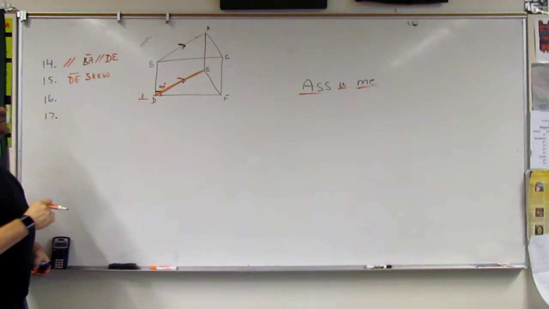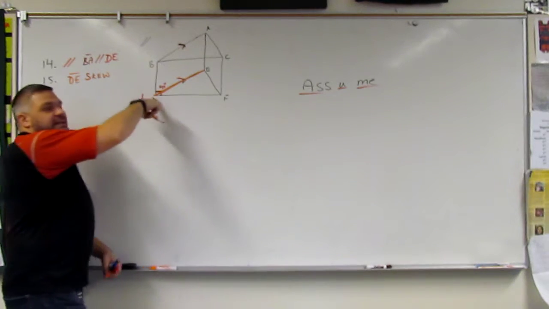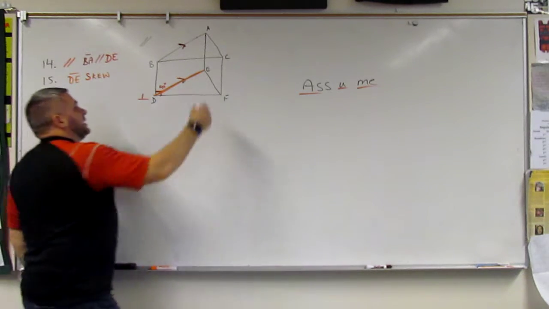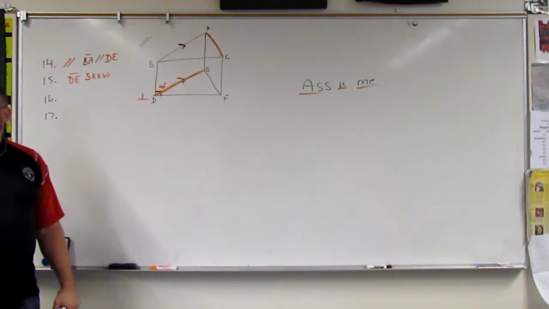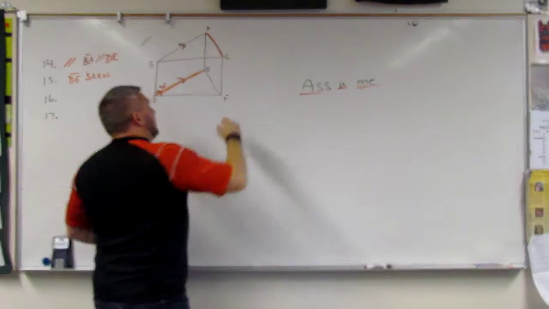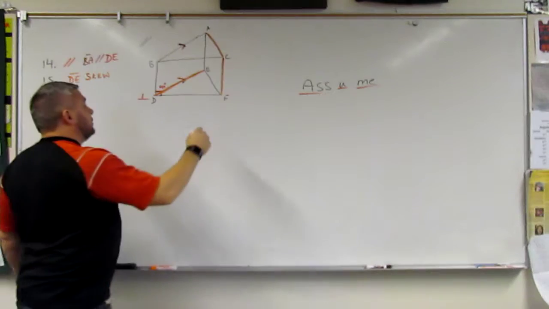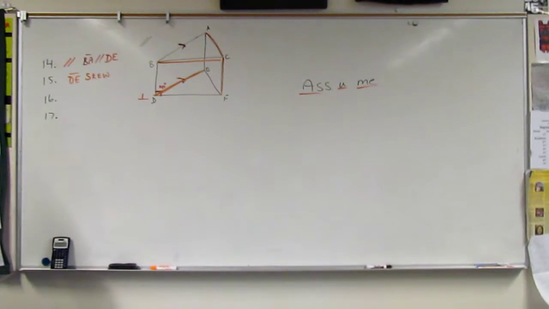D and F. D and F, they intersect at D. A and C, yes. A and C. C and F. B and C. All of those are skew.